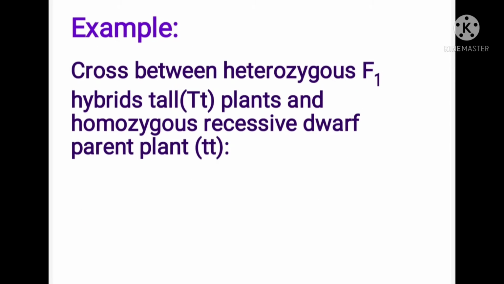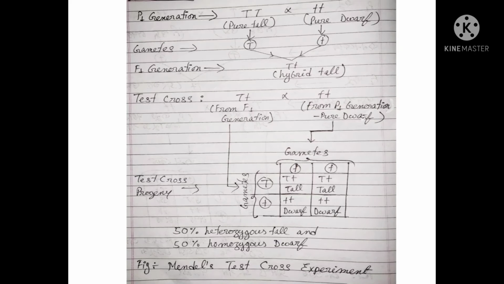Example: cross between heterozygous F1 hybrid tall Tt plant and homozygous recessive dwarf parent plant tt. This figure shows Mendel's test cross experiment in pea plant.